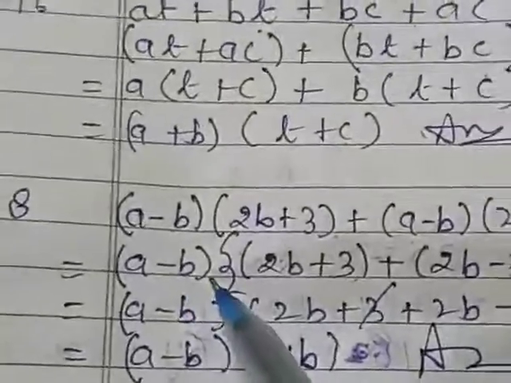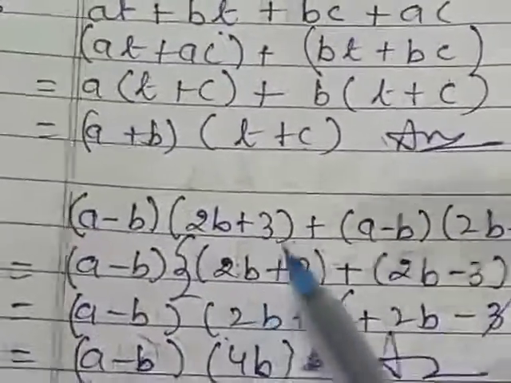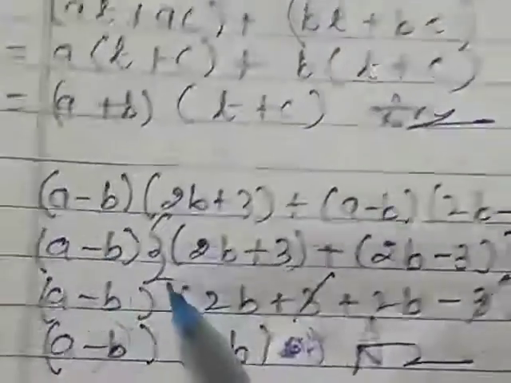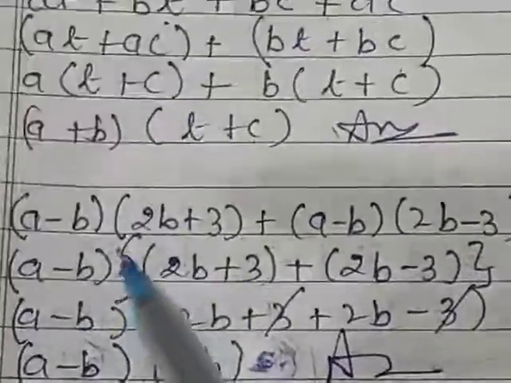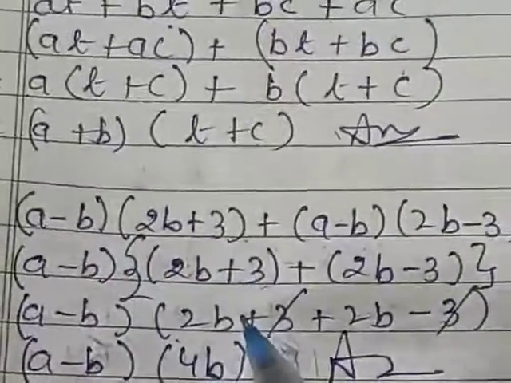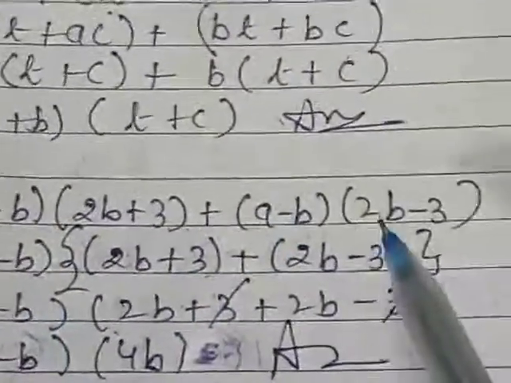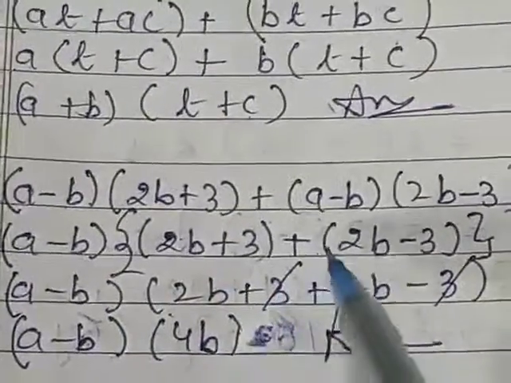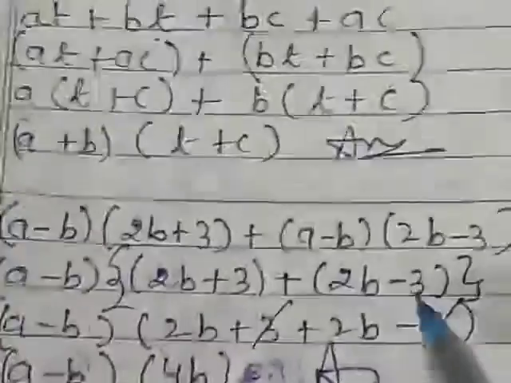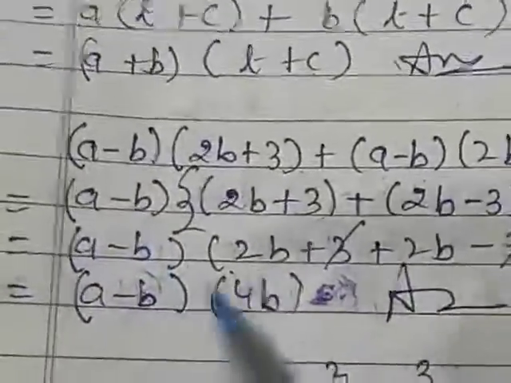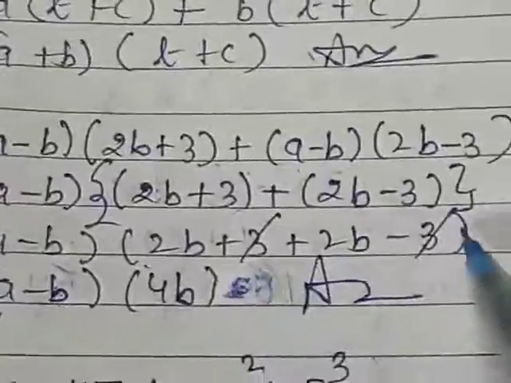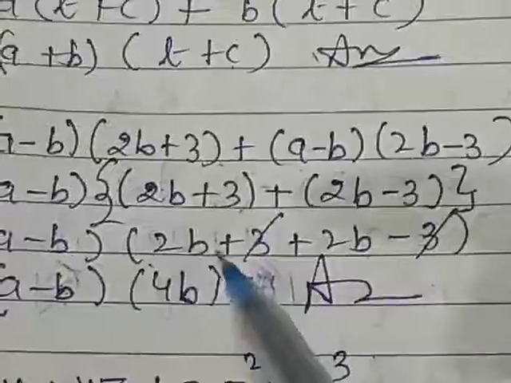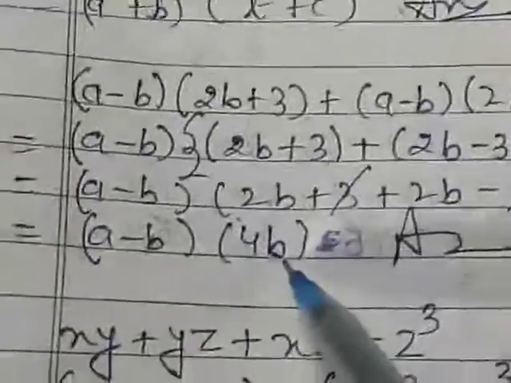Here a minus b is common. Taking a minus b common, we have 2b plus 3 plus 2b minus 3. Opening the bracket, plus 3 and minus 3 cancel out, and here we get a minus b, and 2b plus 2b is 4b.